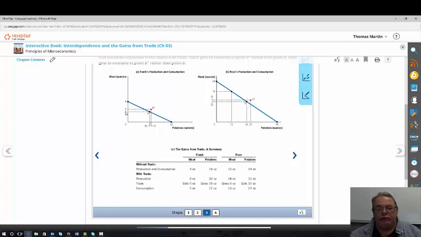If Frank receives the 5 ounces of meat, he'll now have 1 ounce of meat greater than what he had before. And it's actually at a level that exceeds the production possibility curve. So they were both better off.